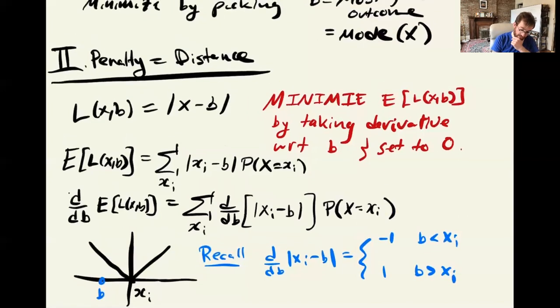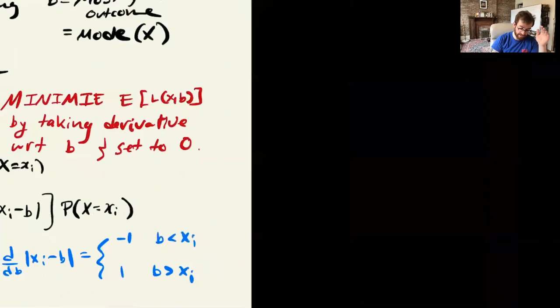All right, let's now plug in these values for the derivative, and separate out our sum so that maybe we're at some middle value. If I use this, then the implication is that if I take the sum over the xi that are less than b, so b is greater than those xi's, then this contributes positively to this expectation.